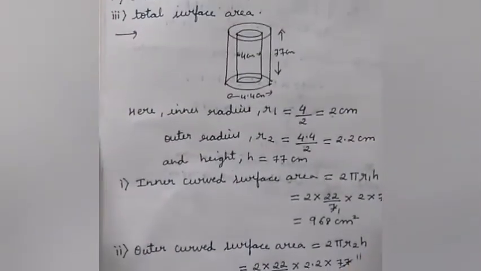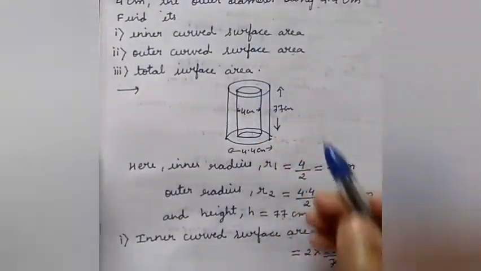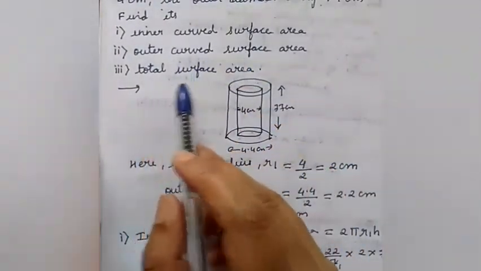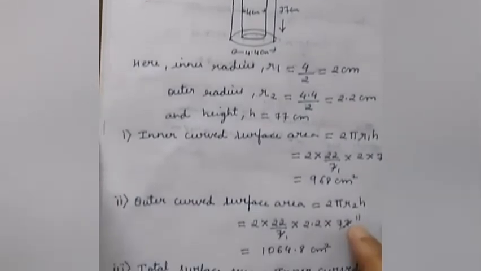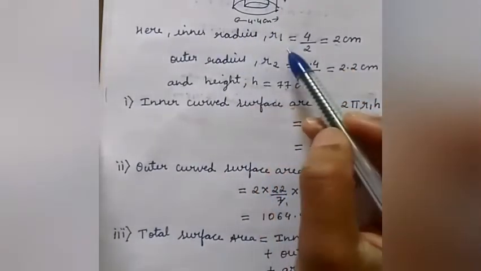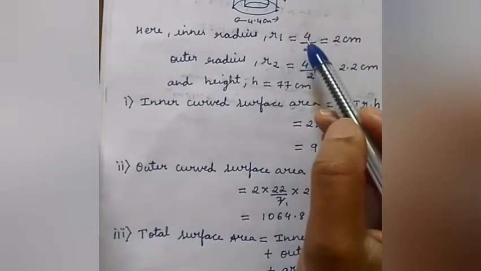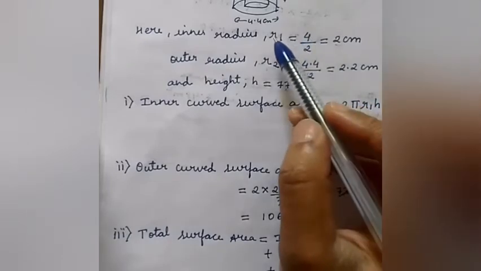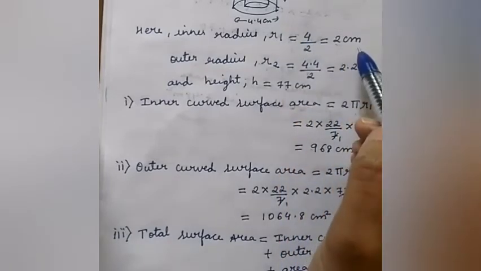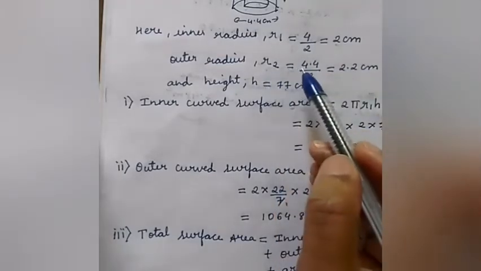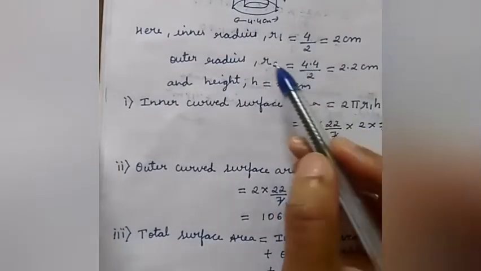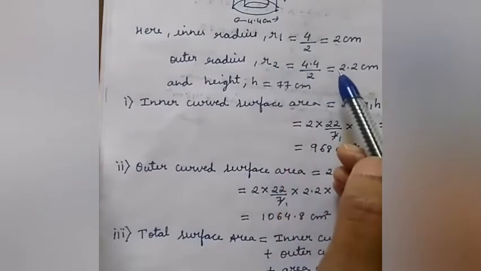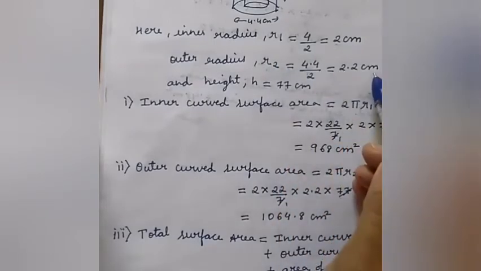So in this problem we are asked to find the inner curved surface area, outer curved surface area and the total surface area. For the inner diameter given as 4 centimeter, we have obtained the inner radius as 2 centimeter. Outer diameter given 4.4 centimeter, outer radius we have obtained as 2.2 centimeter.